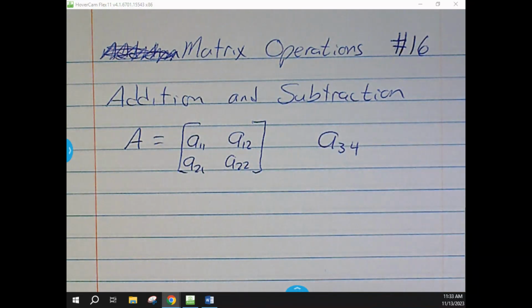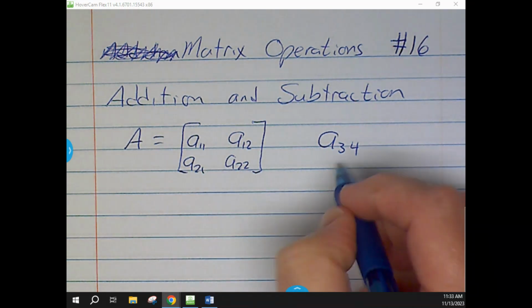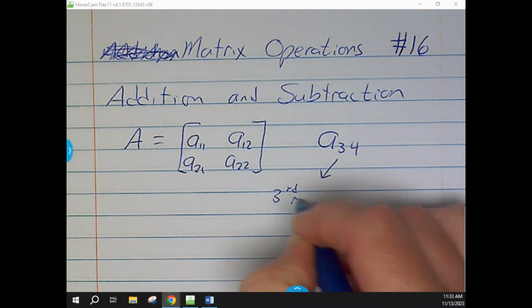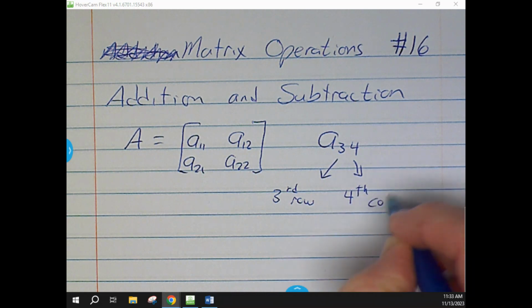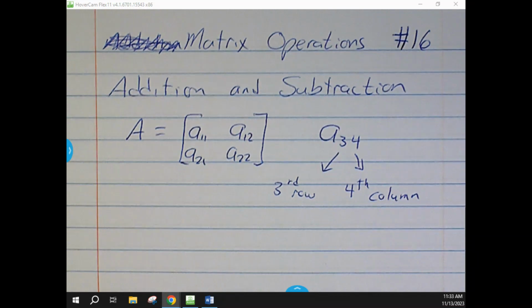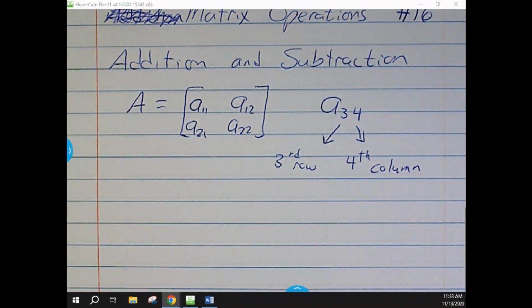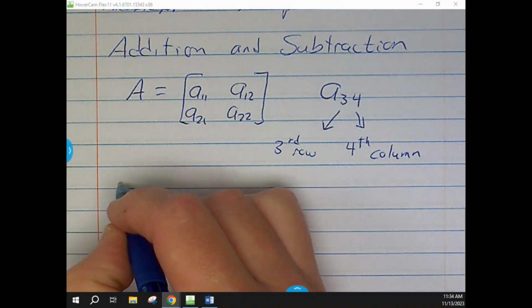What those numbers stand for, they usually call subscripts. The very first number tells you the row it's in, so this would be the third row. Your second number is going to be the column. So first number is your row, second number is your column.